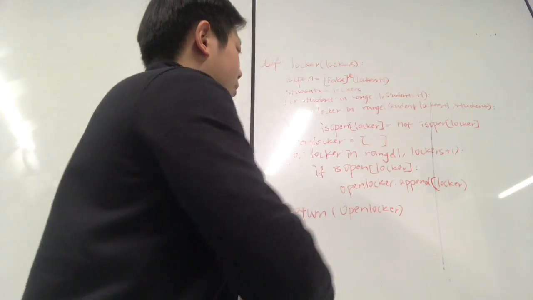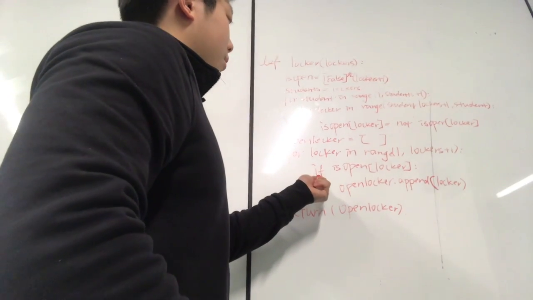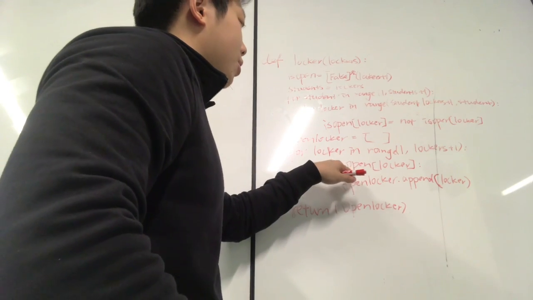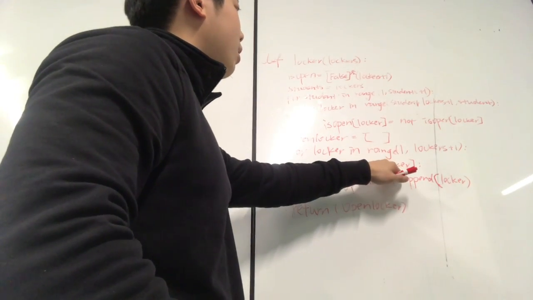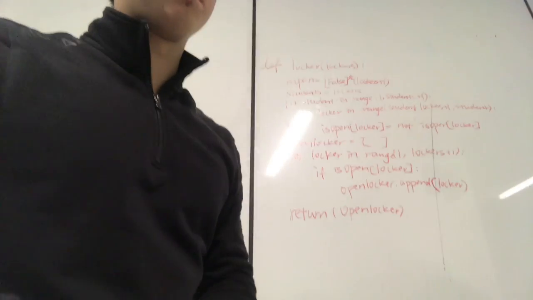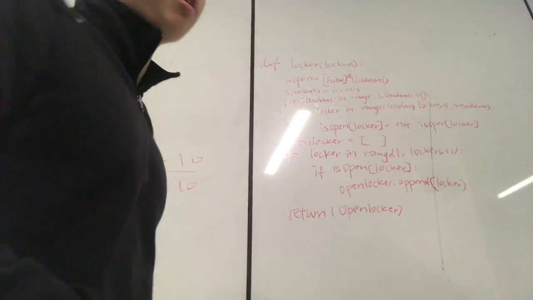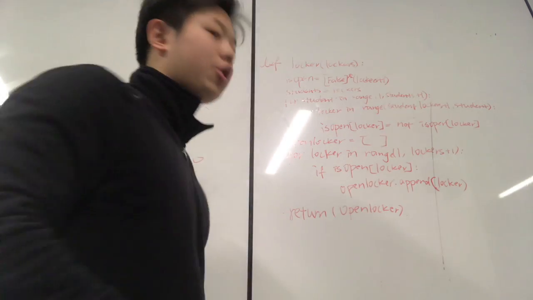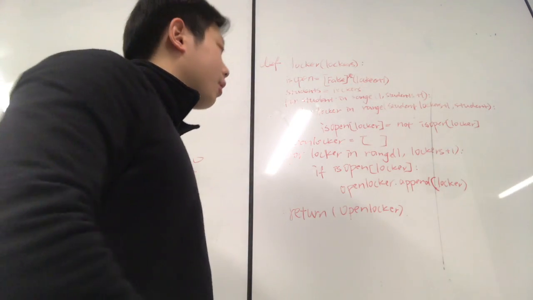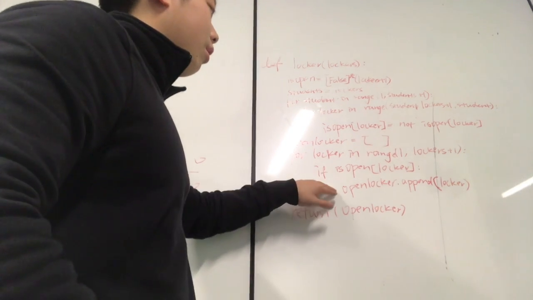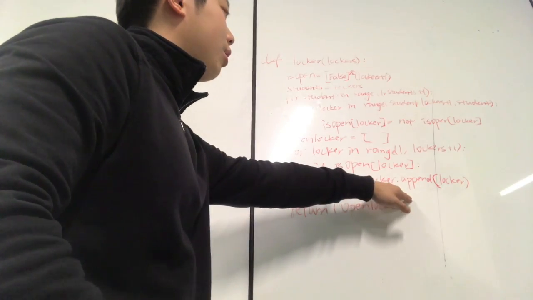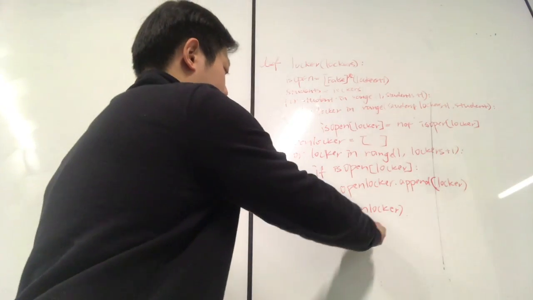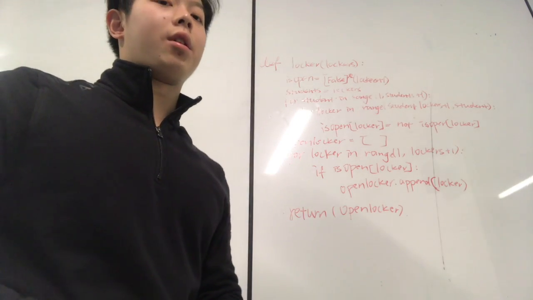Then we give a condition: we judge whether the locker is open. Here a false locker is a closed locker, so if the locker is true, then it's open. Then we append it to the list open locker, and then return the open locker list. We will have all the open lockers.